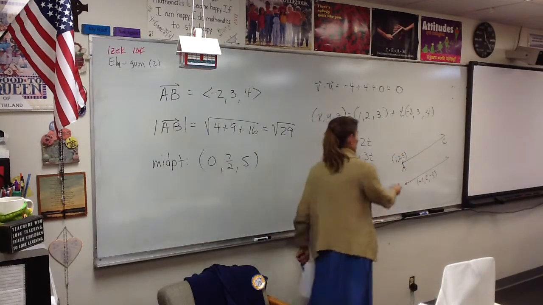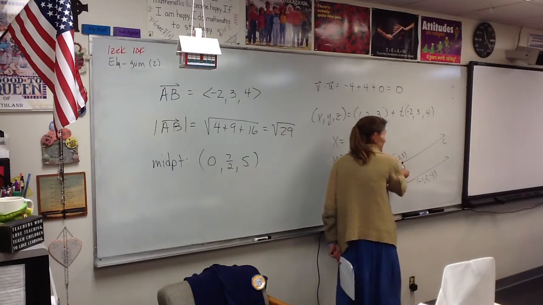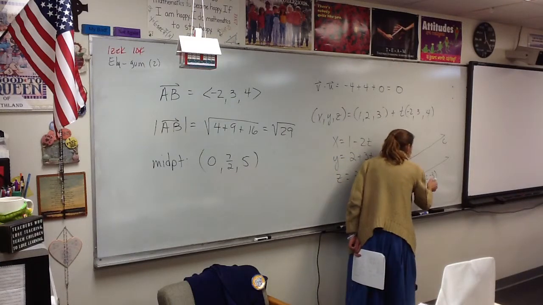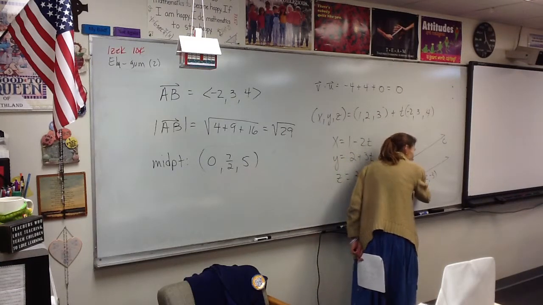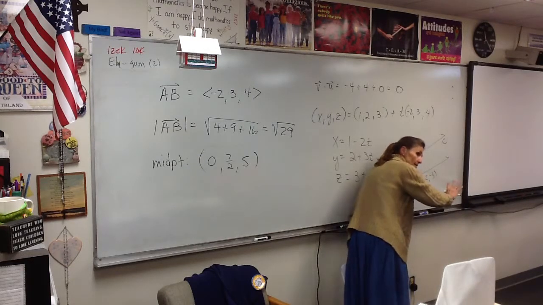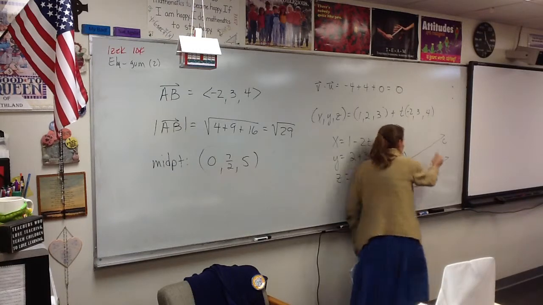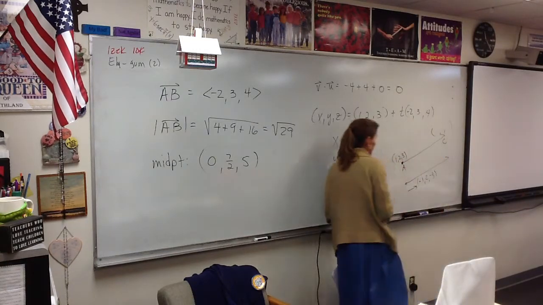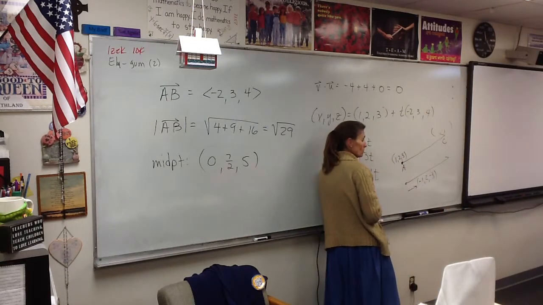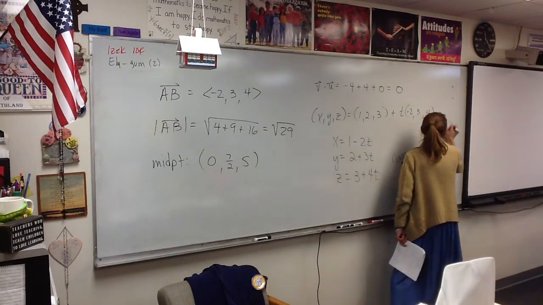So if it has to start at the point 1, 2, 3 and behave like this, this is a vector, this is a movement. So if it's going to start here and move this way, where's it got to end? 0, 4, 0.